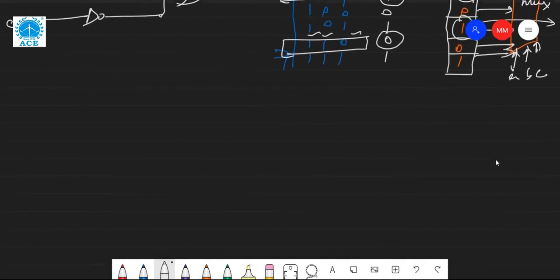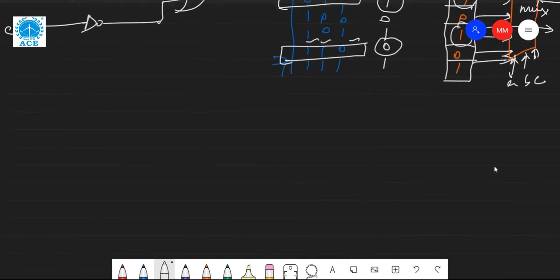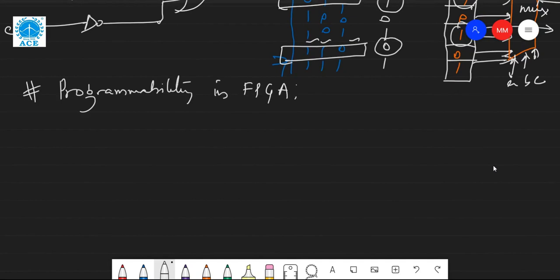Now, what is the programmability in FPGAs?